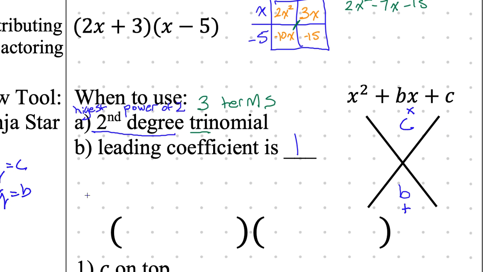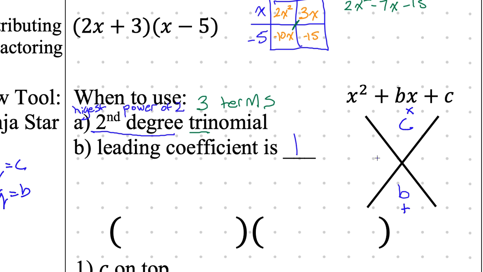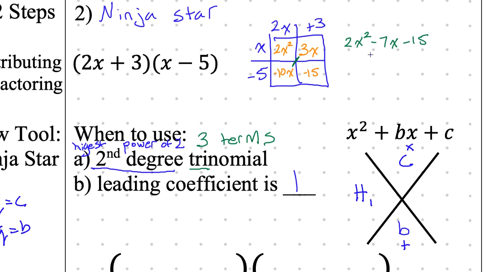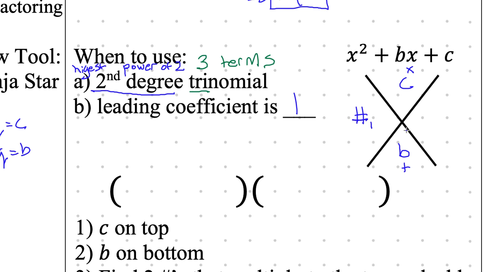All right, so once you find your number over here, we'll just call this number 1 and number 2. I'll say number 1 and number 2, make this as general as possible.